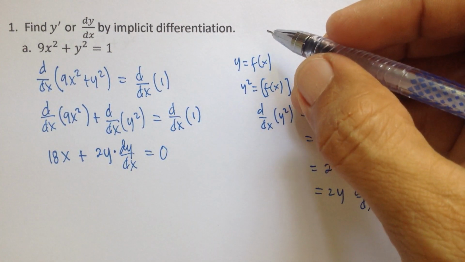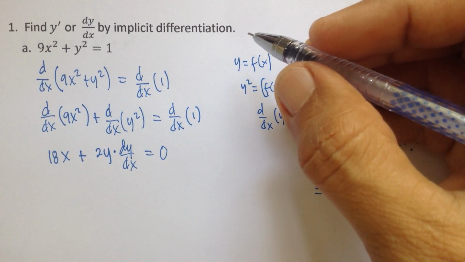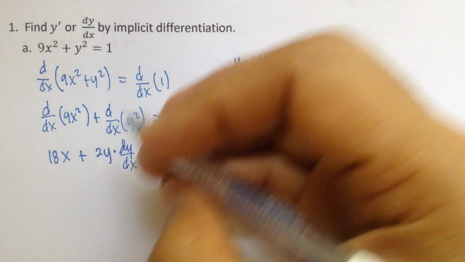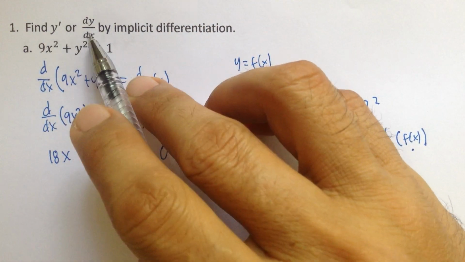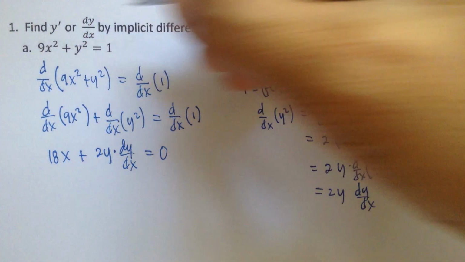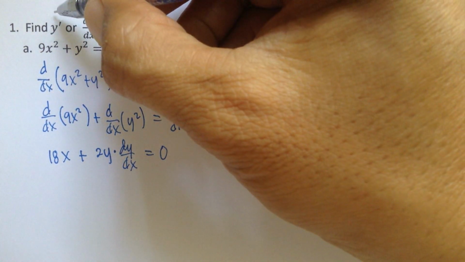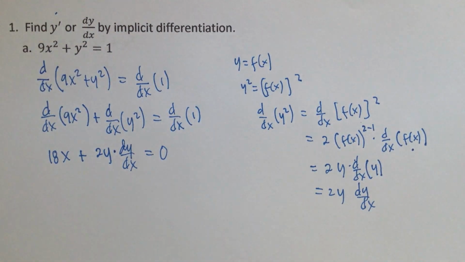Then, if it is possible to solve for dy dx, then you do that. Anyway, that's our objective, to find y prime or dy dx. And by the way, another notation for dy dx is y prime, so you can also use that one. Okay.